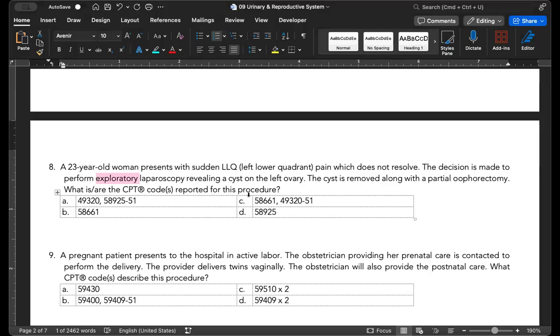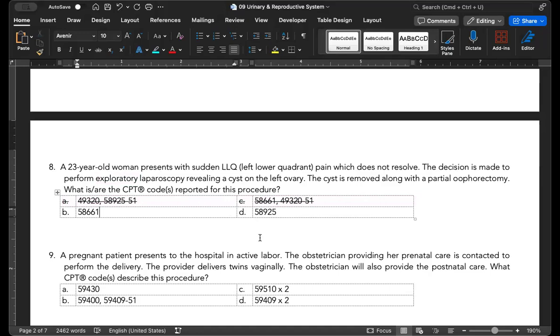In my head I was reading that it was letter C, but it's actually letter B. So for this one, since we went in for the purpose of doing a diagnostic, and then we ended up doing a procedure, that surgical procedure is going to include the diagnostic procedure, right? So we should not report the 49320. From a testing perspective, we're already ruling out two answers, because we know we should not report the 49320, which is in A and C.